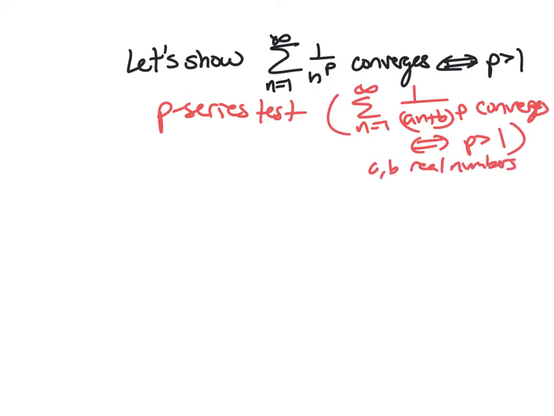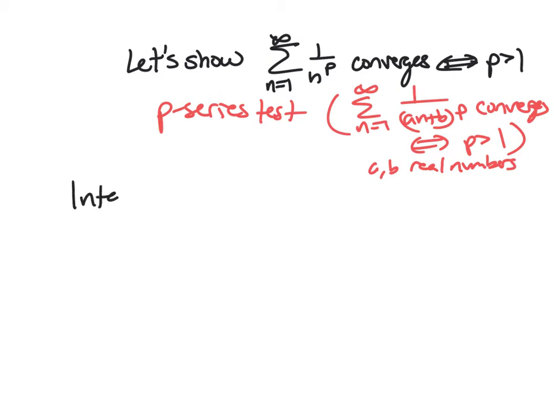Essentially, you don't just have to deal with an n to the p, but you can actually have a linear term on the inside. And the argument is pretty similar. So we're just going to show the easier case, and if you feel super motivated, you can prove the other one on your own.